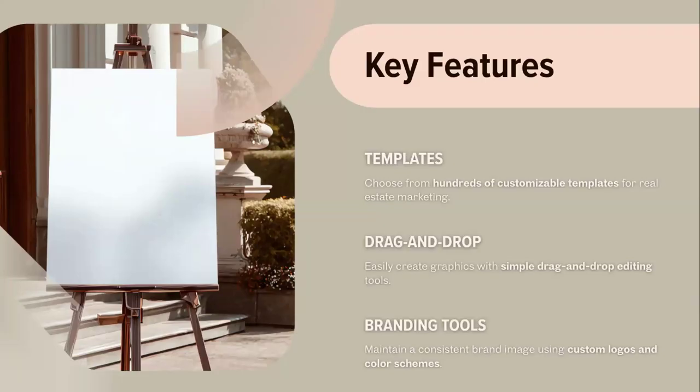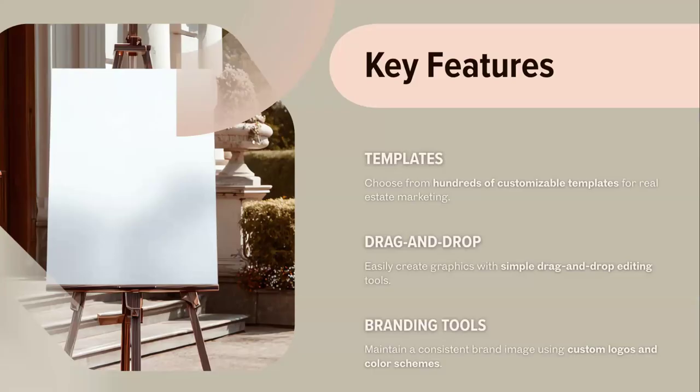The key features are, we just talked about having templates. You can choose from hundreds of customizable templates. You literally can type in anything, like business card, and the first thing that will come up is templates. You also have the ability to create your own design, but using a template has things laid out, or you might like a design that's already in there, and then you can make it your own.